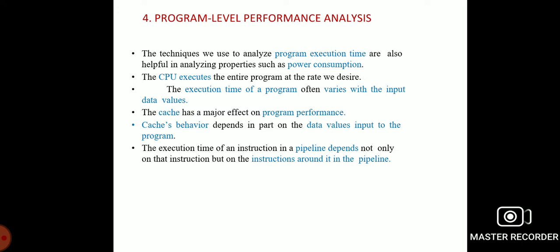The execution time of the program often varies with the input data value. The cache has a major effect on program performance, and cache behavior depends on the data values in the program. Then the execution time of an instruction in a pipeline depends not only on the instruction but on the instructions around it in the pipeline.